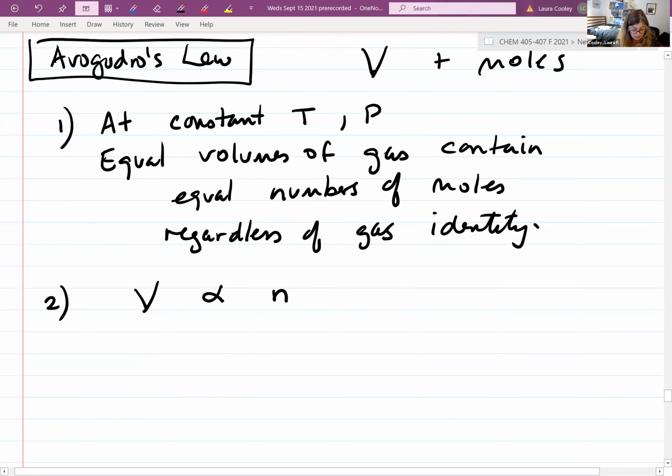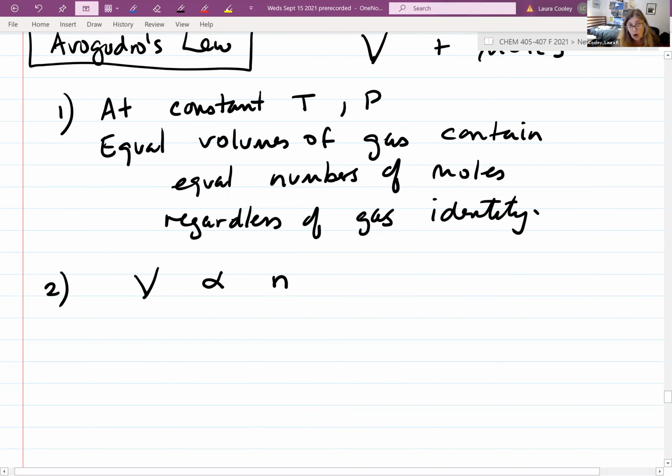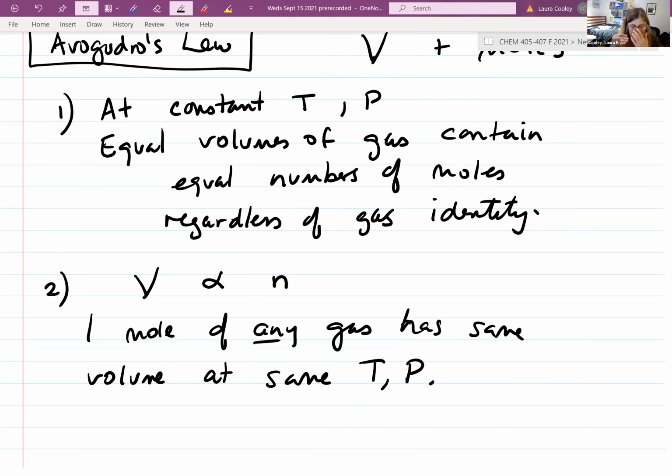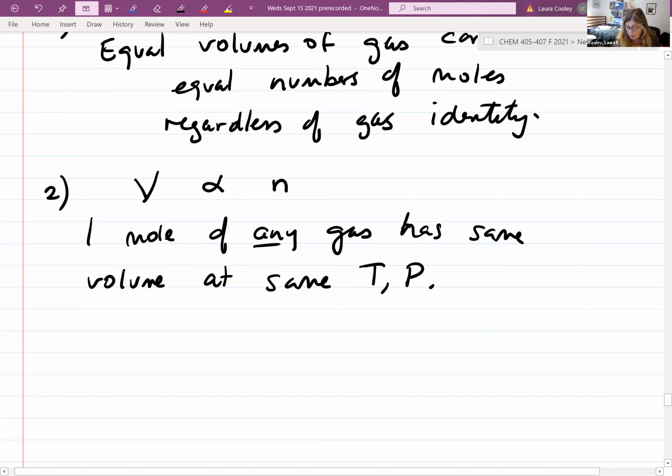That means that 1 mole of any gas has the same volume at the same temperature and pressure. Of course, when you're at pressures where individualities between different gases come into play, this is not going to hold either. But when gases behave ideally, this will be true.